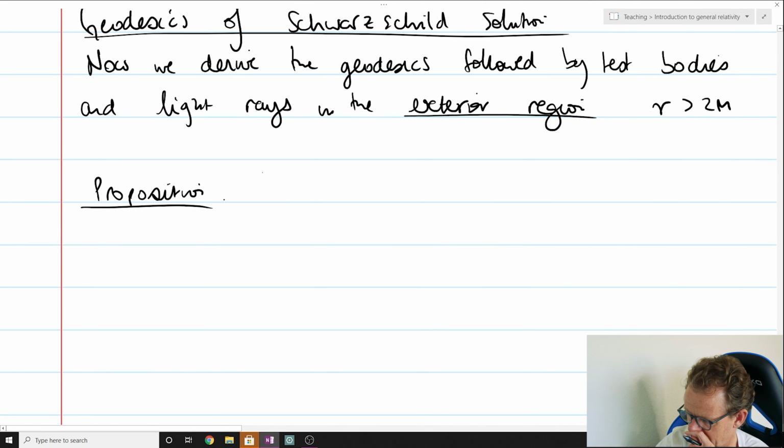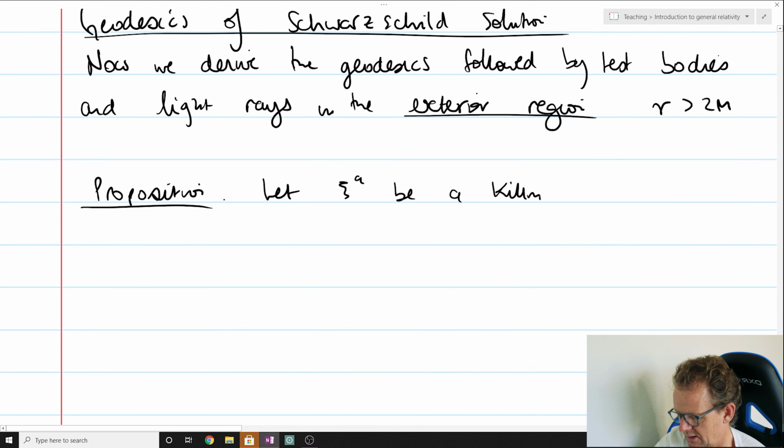And this is true actually for any Killing vector field. So here's a little proposition, very, very easy to prove actually. So imagine we have a Killing vector field, and we certainly have that in our case here.